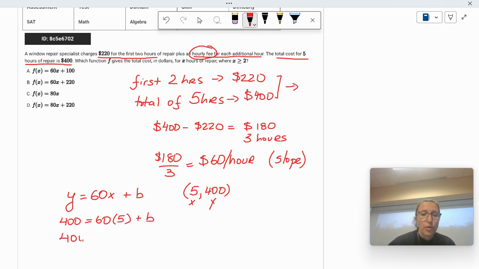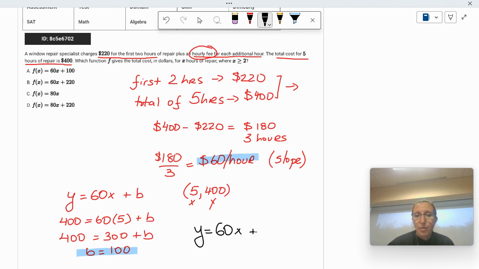So I'm going to have 400 equals 300 plus b, and b is going to be 100. So now I have all the information I need. I have the y-intercept and I have the slope of my function. All I need to do at the end is produce the answer. My answer is going to be y equals 60x plus 100, which is option A.